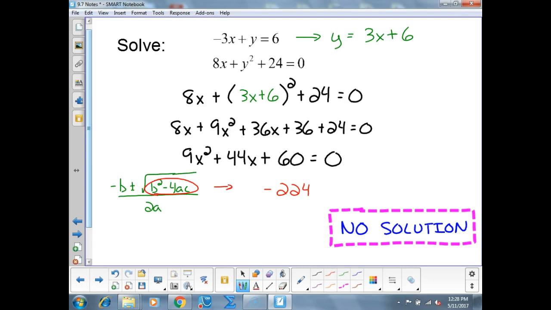So the line goes through like that, right? Yep. The parabola goes through like this, because it's a left opening one, right? Or is it a right opening one?